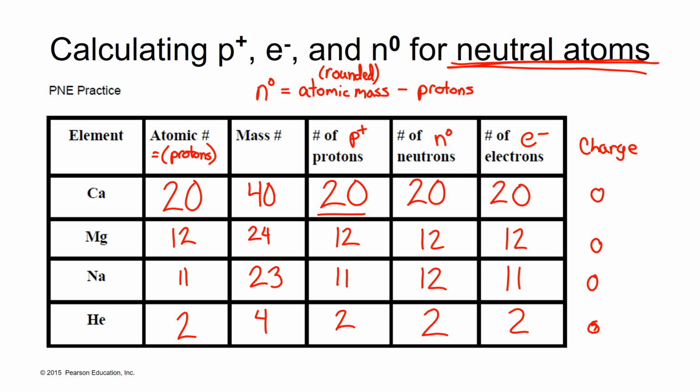So neutrons is equal to the atomic mass minus the atomic number. Now, this is, again, reminding you that if I'm just pulling it off the periodic table and I don't say anything else about the atom, I just give you the symbol, we assume it's neutral.